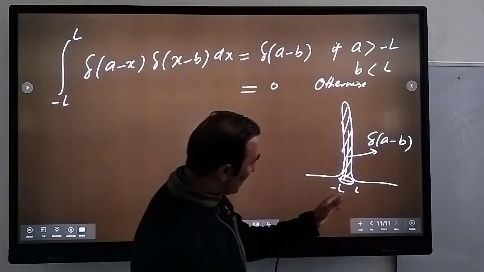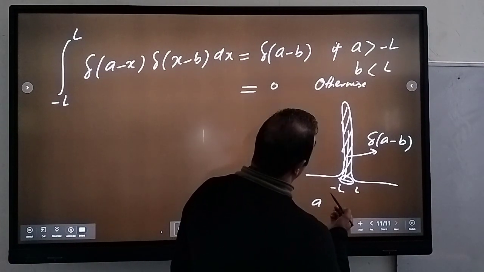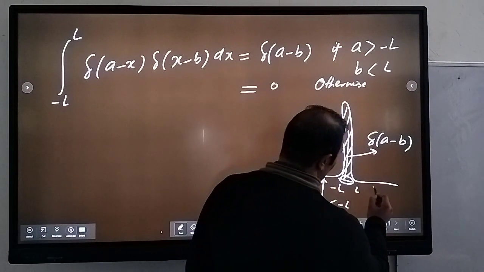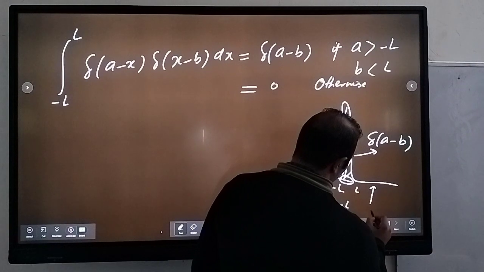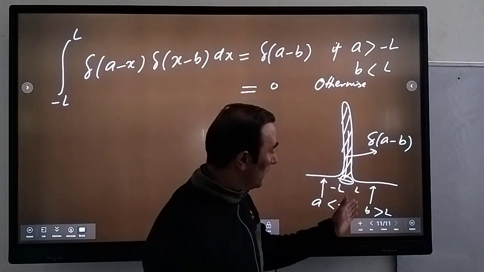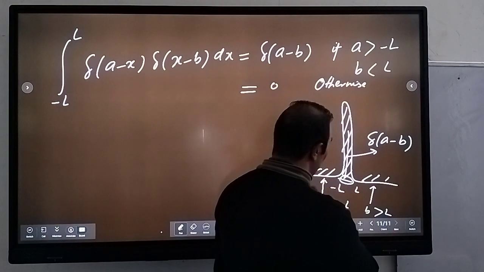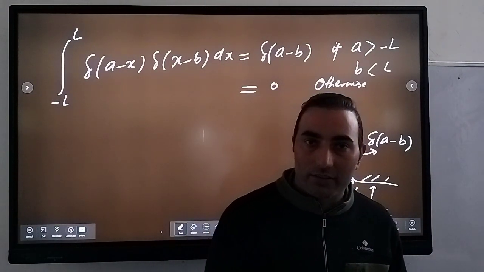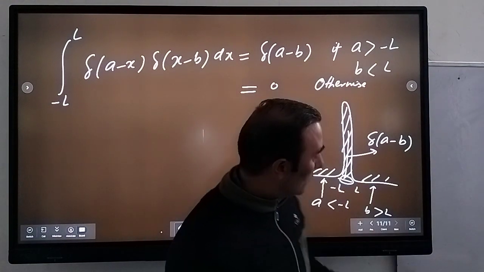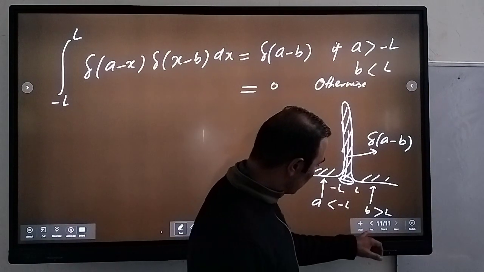If we go to this side, the value here will be less than minus L, or here b will be greater than L. So in those cases the value of this integral will be 0. That means it should lie between these limits from minus L to plus L.